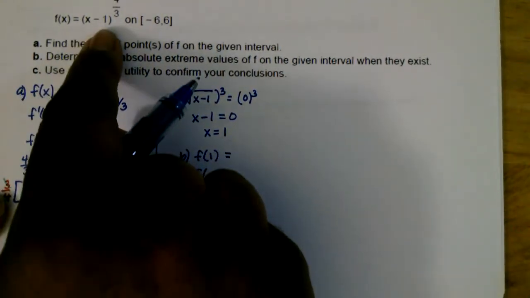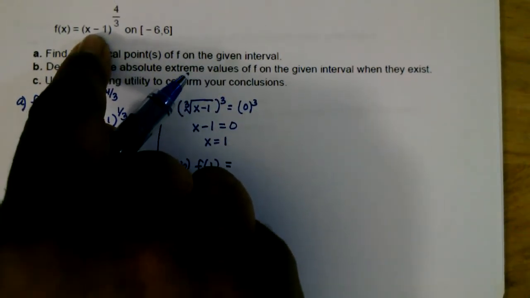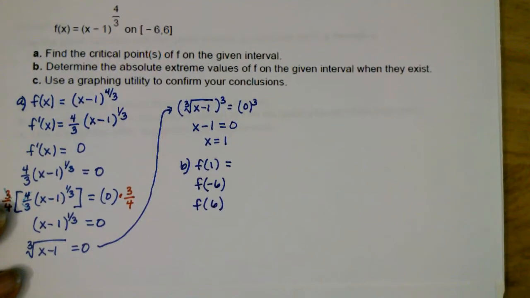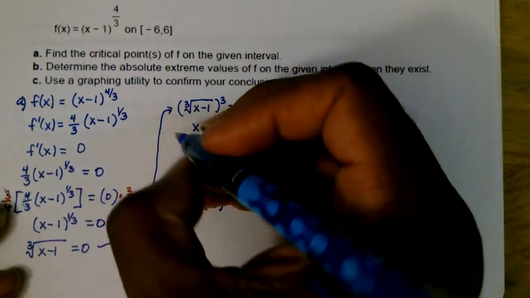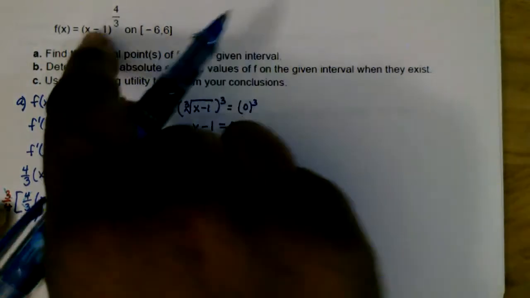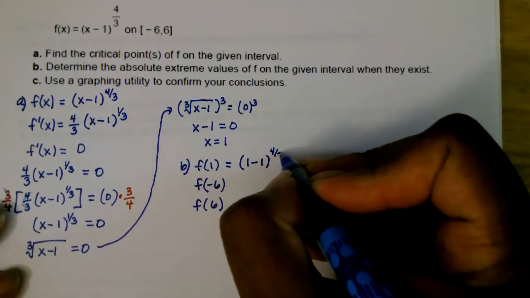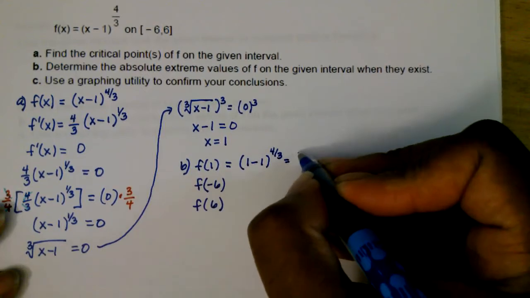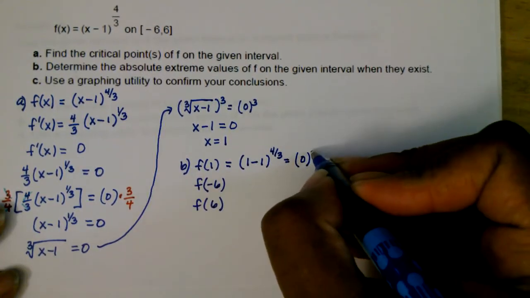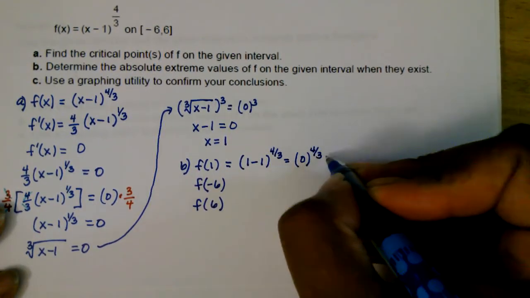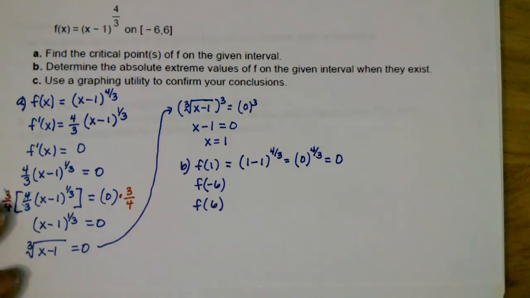And here I'm using the original function up here and replace each x with those values. So starting with f of 1, I'm going to have this. X will be 1, so it'll be 1 minus 1 raised to the 4/3 power. Well, 1 minus 1 is 0. 0 to the 4/3 is 0.